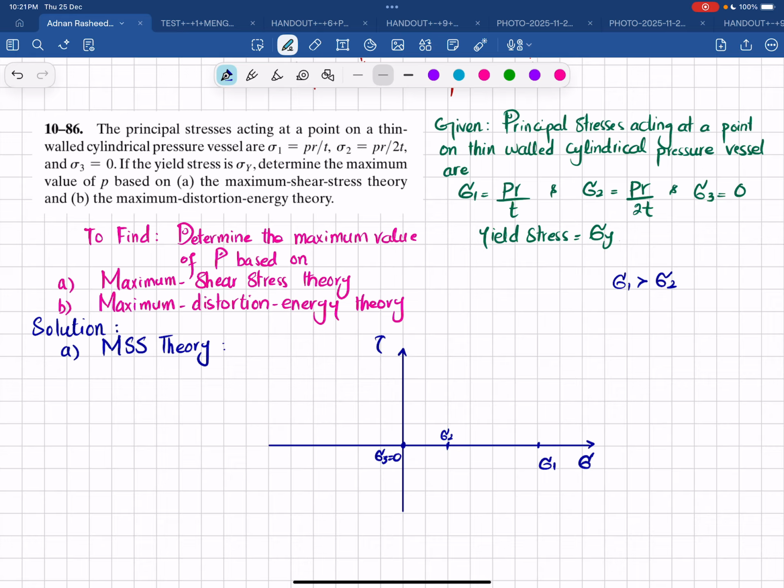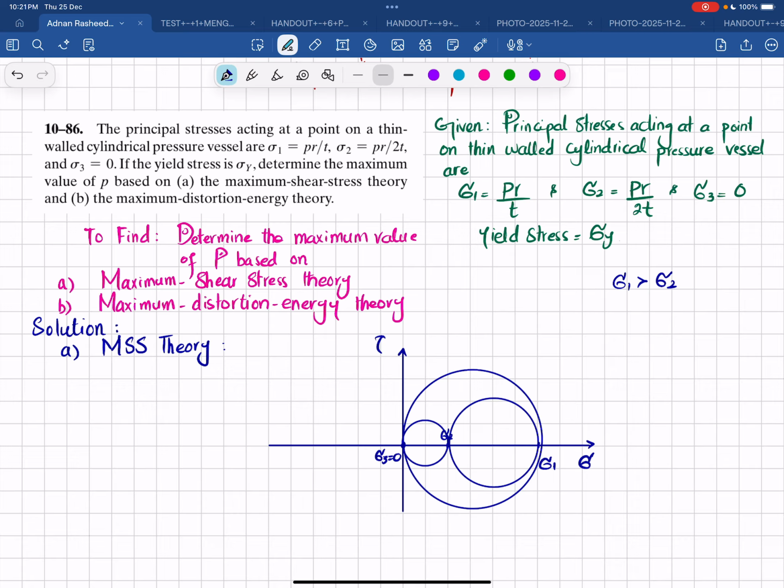And if you draw a Mohr circle between sigma 1 and sigma 2, it will be like this. The Mohr circle between sigma 2 and sigma 3 will be like this, and the Mohr circle between sigma 1 and sigma 3 will be like this.